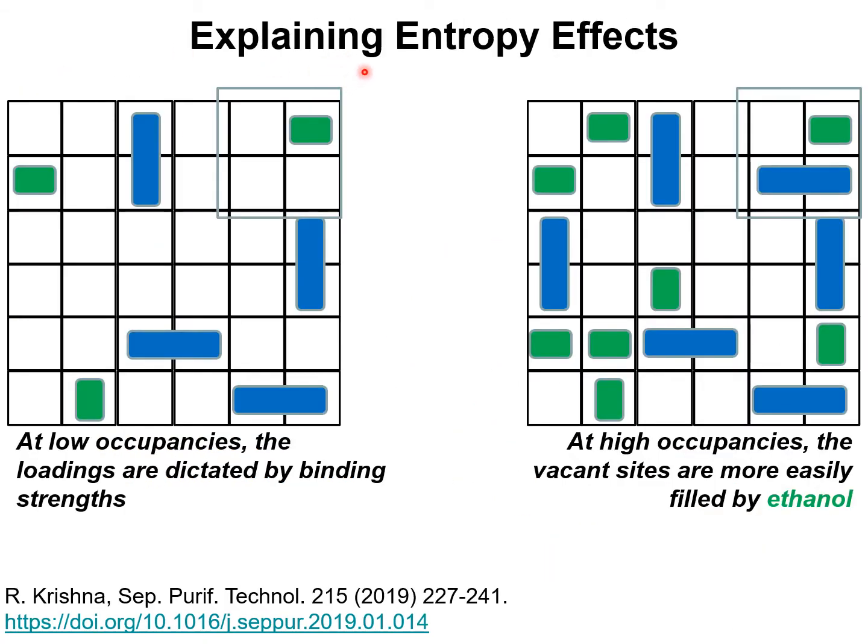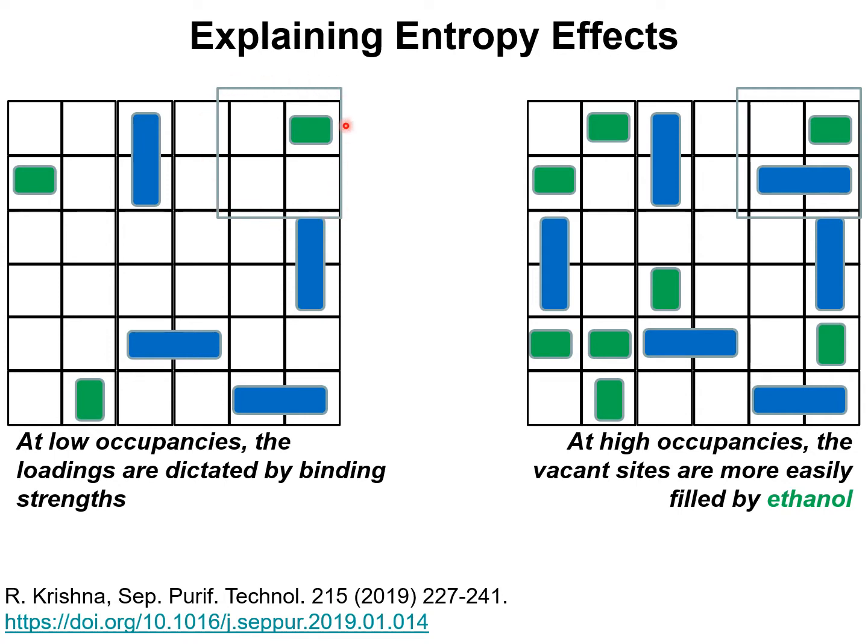Let us explain selectivity reversals and entropy effects for ethanol 1-propanol mixture adsorption in chabazite by considering the analog of a checkerboard. Each of the squares on the checkerboard represents a single adsorption site in chabazite zeolite.